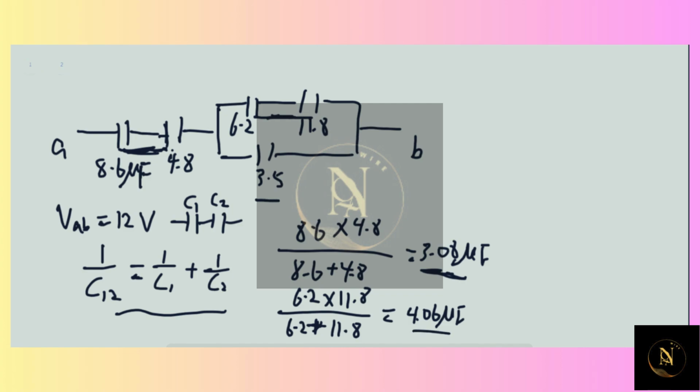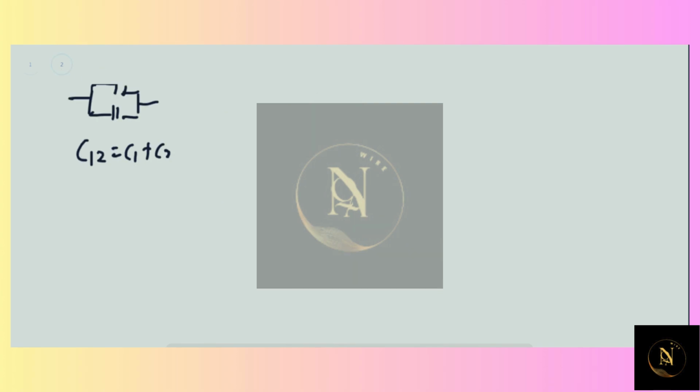This gives you the equivalent capacitance for the whole loop. Let's say the parallel connection, 4.06 plus 3.5 gives you 7.56 microfarads.